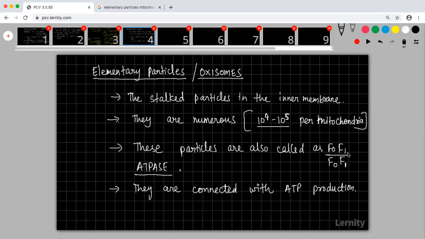F0, F1 ATP producing enzyme. So we call it as ATPase. Are you guys able to understand? Since it is having F0 particle, it is having F1 particle, and along with that it is producing ATP, it is called as F0, F1 ATPase.